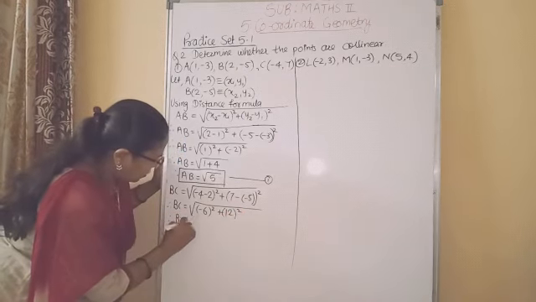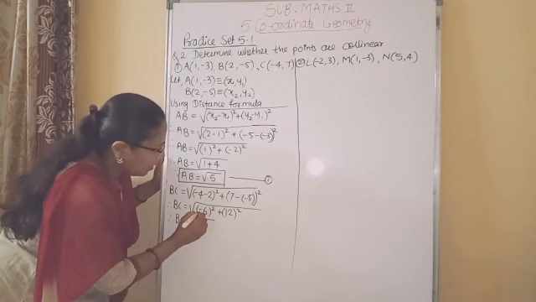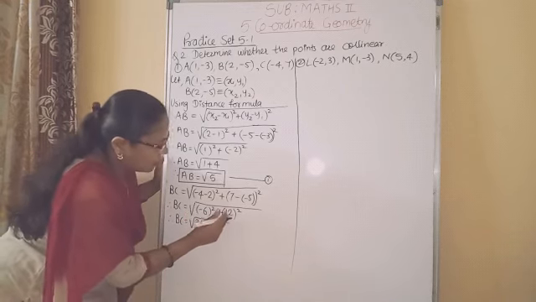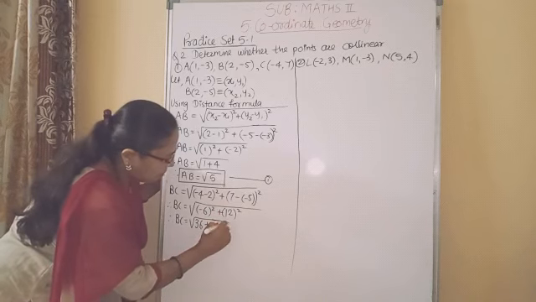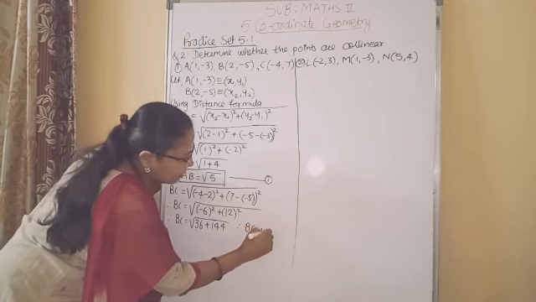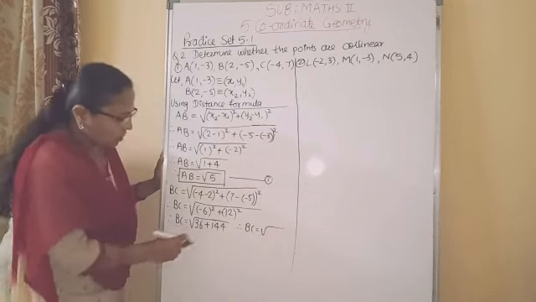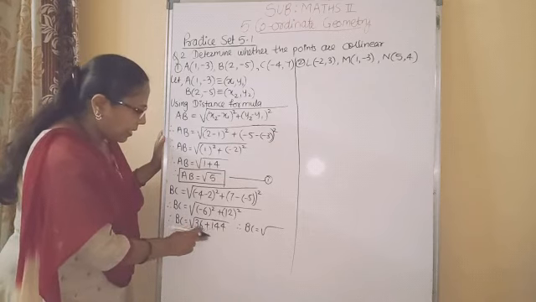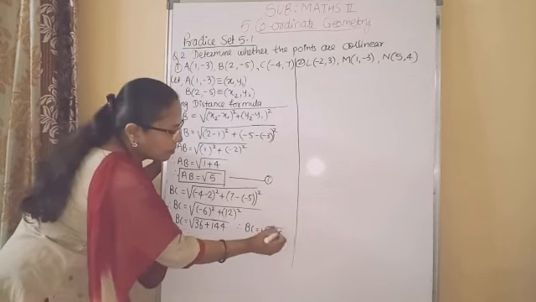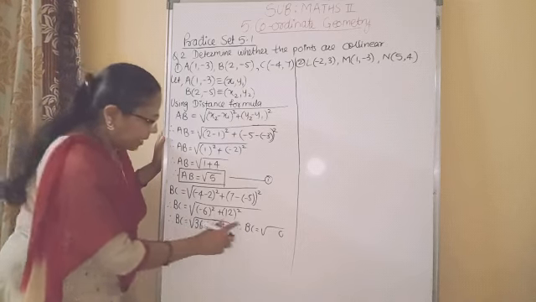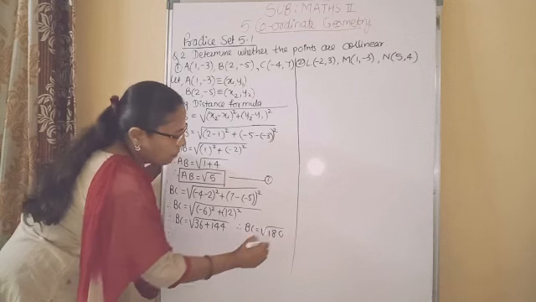Therefore BC is equal to minus 6 square is 36 plus 12 square is 144. So BC is equal to 36 plus 144. 4 plus 6, 10, carry 1. 4 plus 1, 5, 5 plus 3, 8, 180.